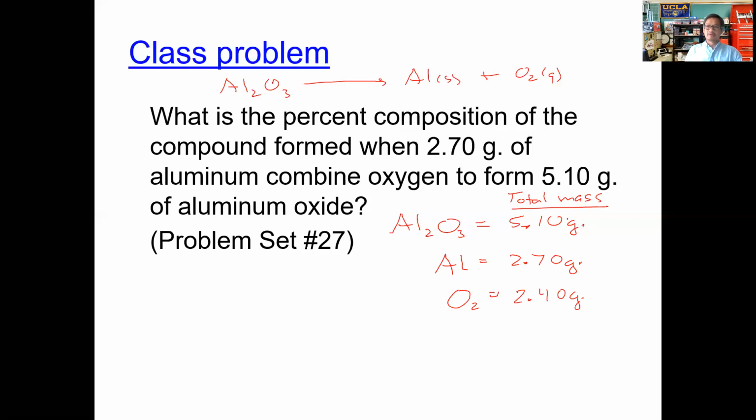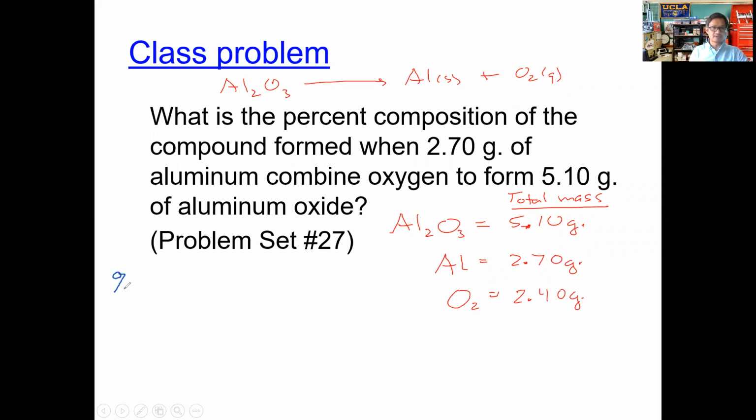Again, this is the total mass of the compound, this is the total mass of aluminum in that particular amount of aluminum oxide, and this is the amount of oxygen. Let's calculate the percent. Let's do the percent aluminum first.